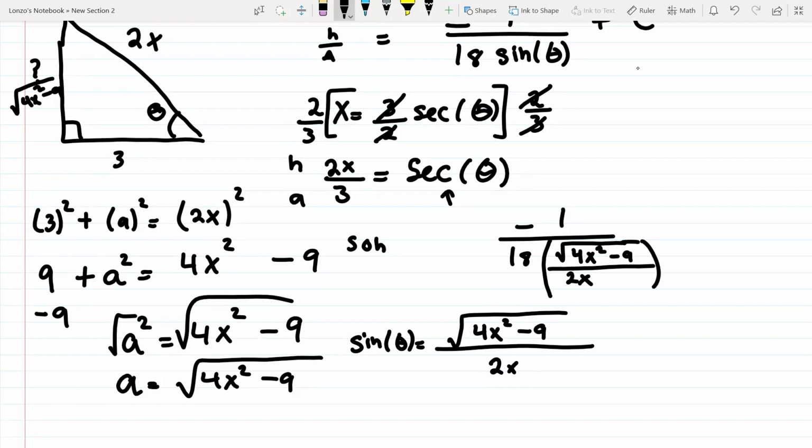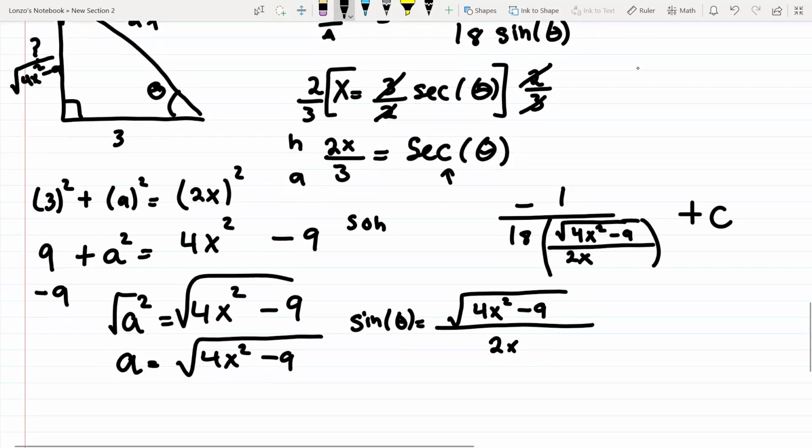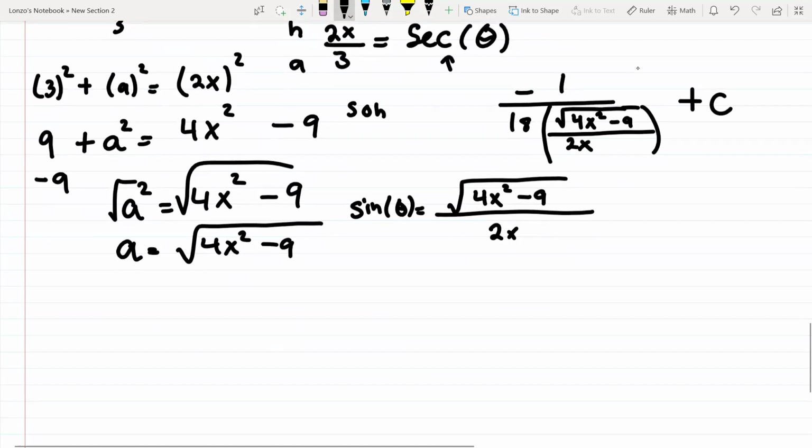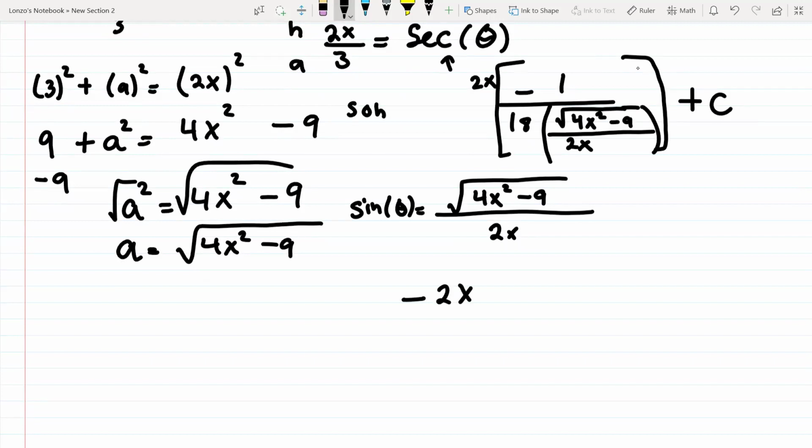Okay. So we have to simplify this. We have a complex fraction, so I'm going to multiply this entire thing by 2x. On the top, negative 1 times 2x is negative 2x. And on the bottom, when I multiply this by 2x, the 2x cancels, so you're just left with 18 square root of 4x squared minus 9 plus c.